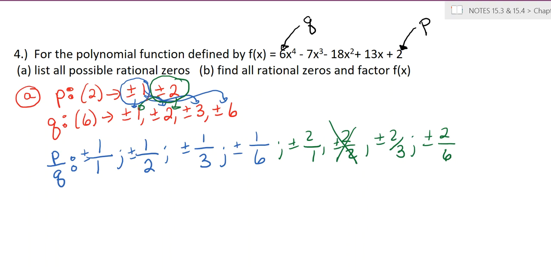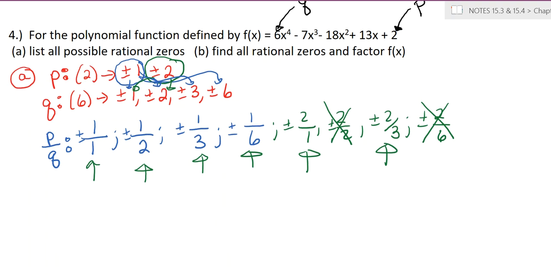And 2 over 6 reduces down to 1/3, which is a repeat, so I can get rid of that. In total, you have all these possibilities that would be a zero of the function. Now remember, each one of these is actually two numbers, a positive and a negative. So it's positive 1, negative 1, positive 1/2, negative 1/2. So there are actually 12 possibilities here.